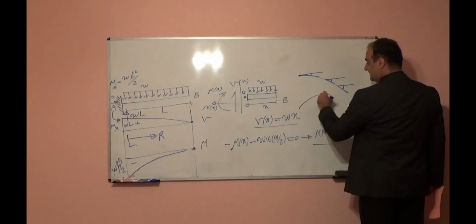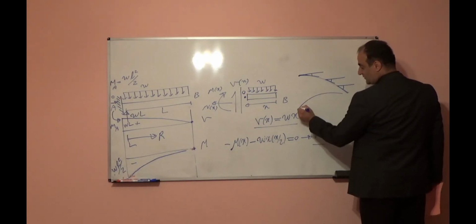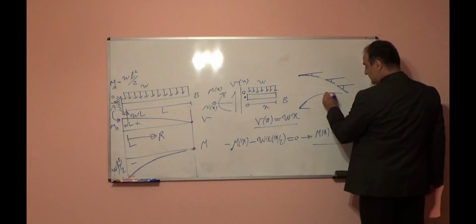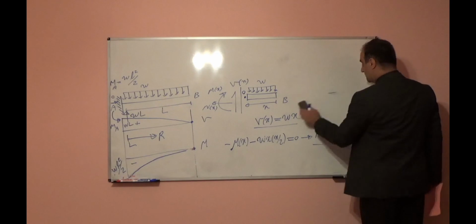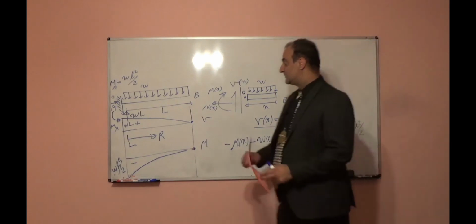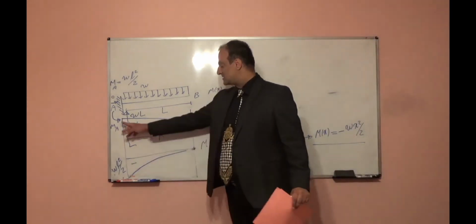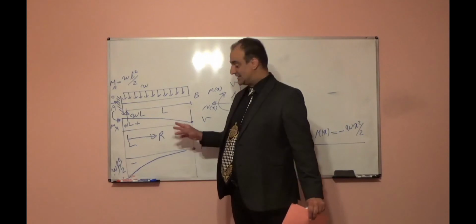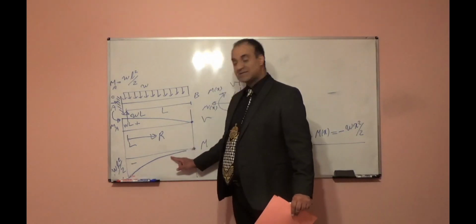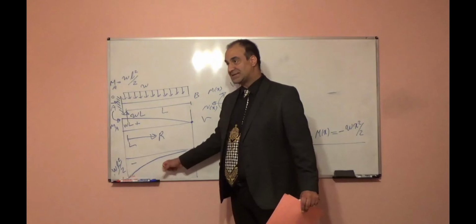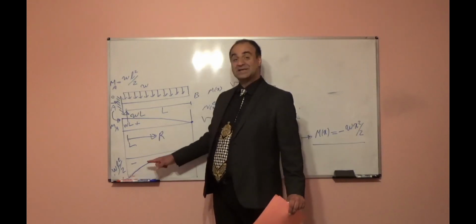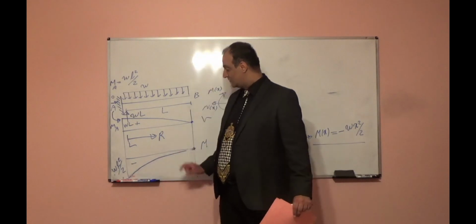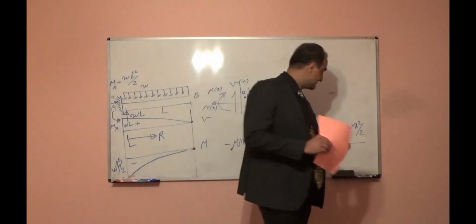In this kind of curve, here the slope is bigger, and here the slope goes to 0. Here from left to right, because shear force is decreasing, the slope of this curve, which is shear force because the derivative of bending moment is shear, should decrease, and in this blue one the slope is decreasing.